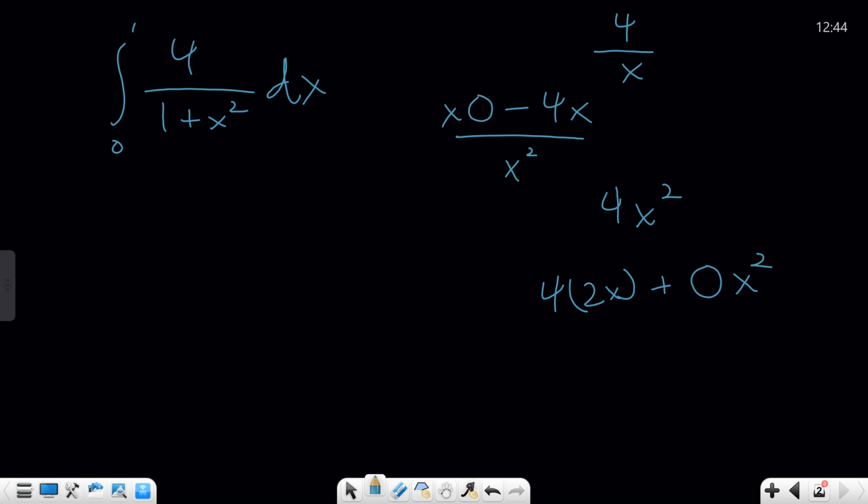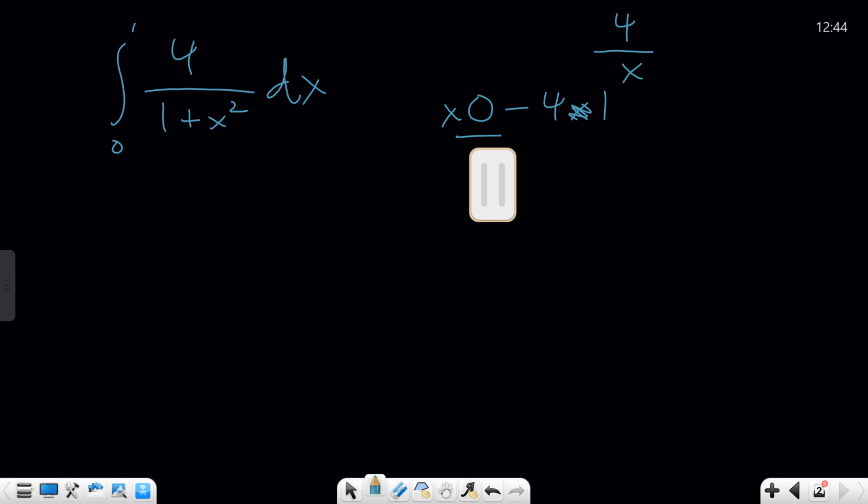So it's negative 4 x squared on the bottom, and then the derivative of x is 1. Yeah. Quotient rule, not needed. Now, why did I bring this up? Well, because it keeps happening, and it's relevant in this problem.